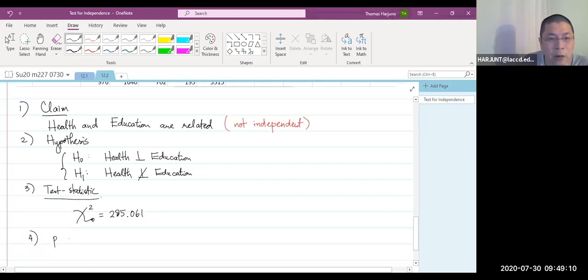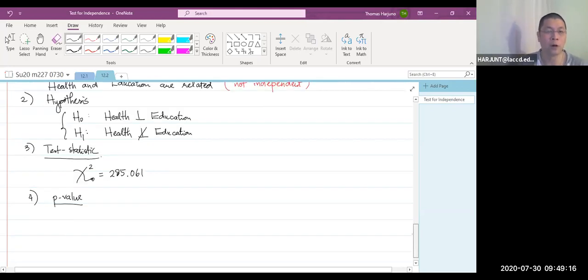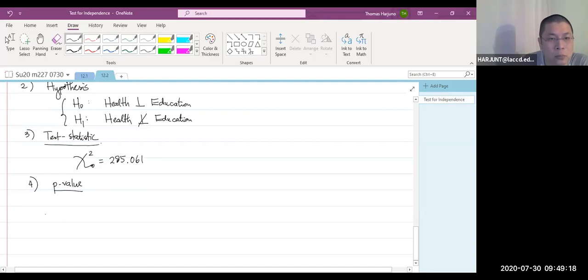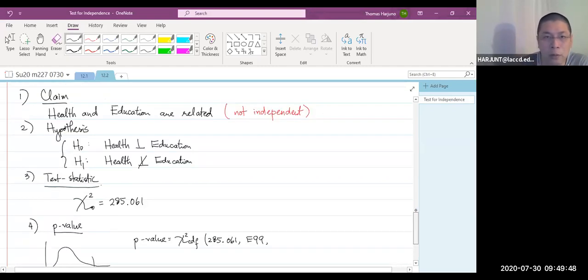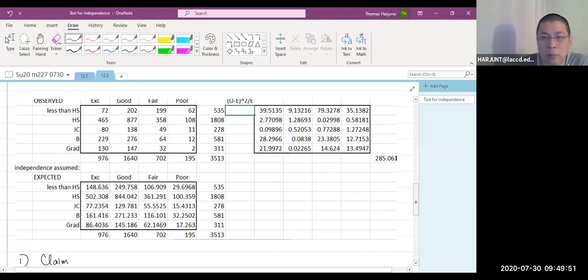We are testing if the variance is too big, and therefore it deviates too much from the assumption of independence. It's chi-squared, this is 285.061. The p-value is the chi-squared CDF of 285.061 to E99, and the degrees of freedom is rows minus 1 times columns minus 1, which earlier we found to be 4 times 3, which is 12.